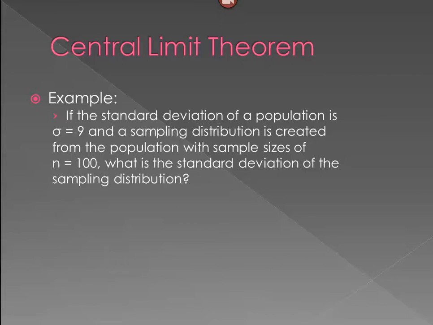And this change in standard deviation, in fact, we saw the formula for it. For example, if the standard deviation of a population is 9, and remember when we say the population, we're referring to the original data, the x's. So, if the standard deviation of a population is 9, then we create a distribution of samples of size 100 from a population, what is the standard deviation of that sampling distribution?